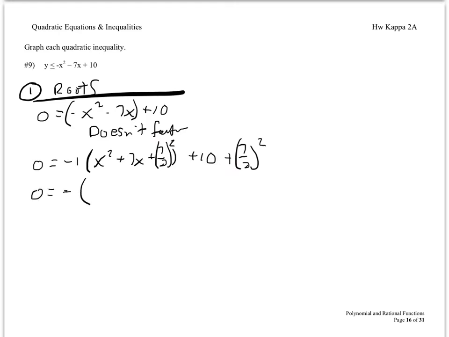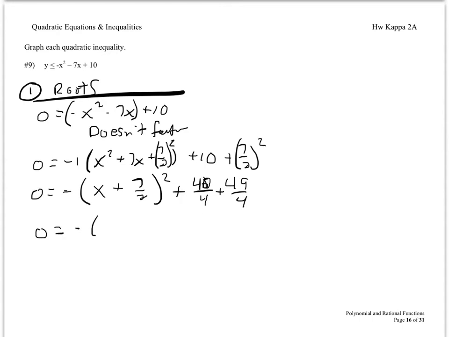The whole point, a negative 1 in front you can just write as a negative. The whole point of completing the square, so you have a perfect square trinomial, which is going to make this x plus 7 halves quantity squared. 7 divided by 2 squared is going to be 49/4. You square the top and you square the bottom. I'm going to change this 10 to a 40 over 4, so I have common denominators.